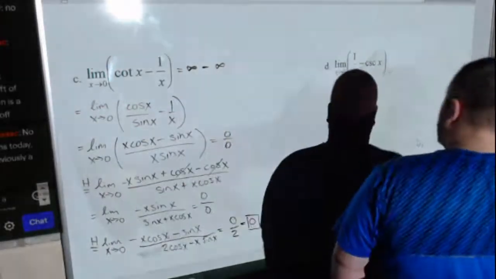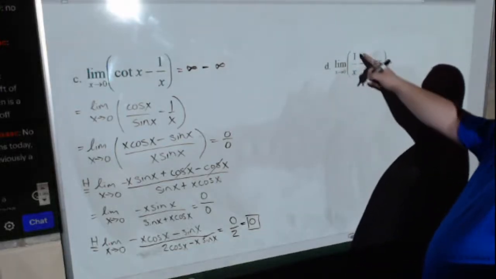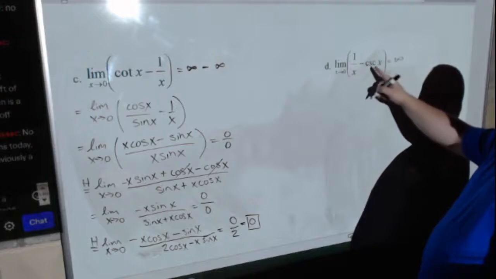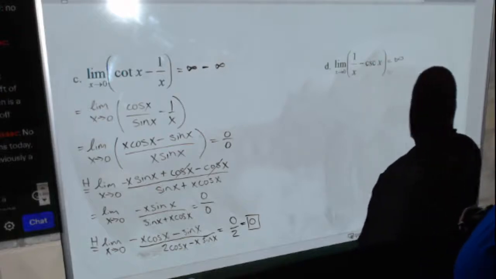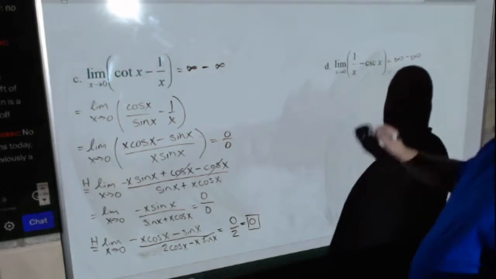Alright, last one of this type. Plug 0 in over here. 1 over 0 is infinity. Cosecant is 1 over the sine. That's also going to be infinity. So rewrite the whole thing.